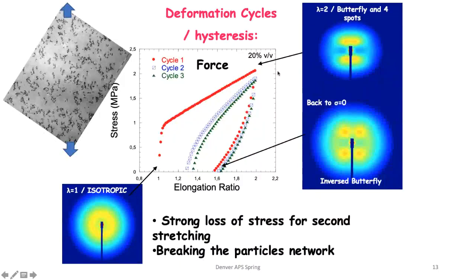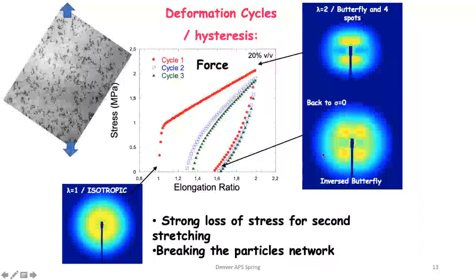Then the scattering is made of 4 lobes as I showed you before. Then we go back to the initial length, more or less, because the sample has difficulty to really recover its actual length, but there is no stress anymore.